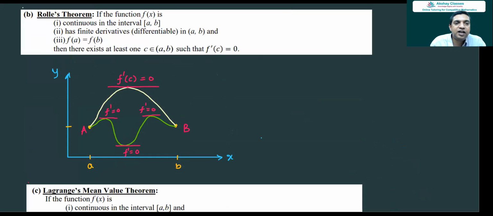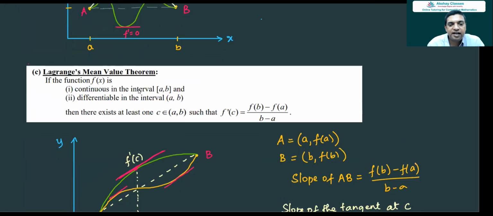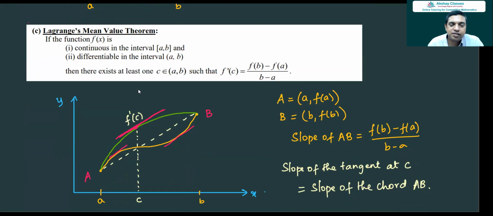If f of A and f of B are equal, the chord joining AB is already a horizontal line. So therefore, the derivative must be 0 in that case. In Lagrange's mean value theorem, it is not that. It is that the slope of the tangent to the curve is equal to the slope of the chord.